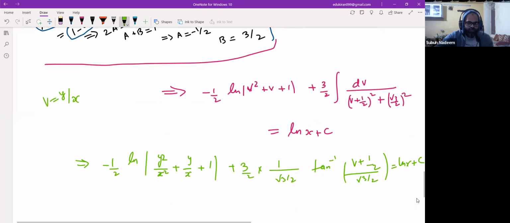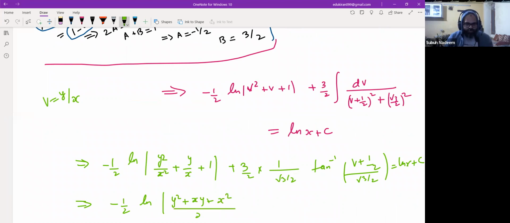And then we can write it as minus half log of y square plus xy plus x square by x square. And here 2 will cancel, root 3 times is 3, tan inverse v you can put as y by x.